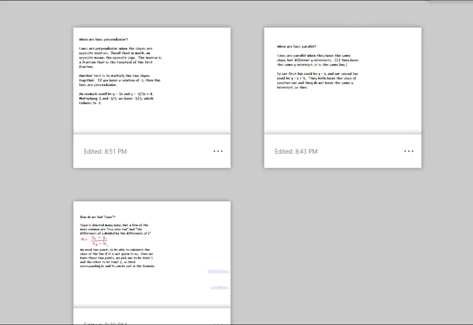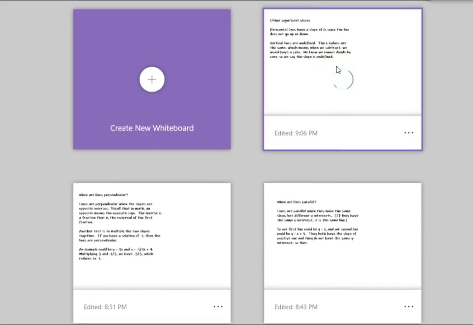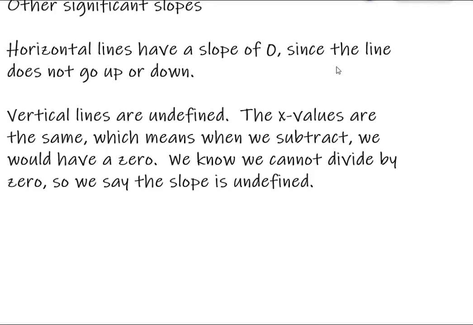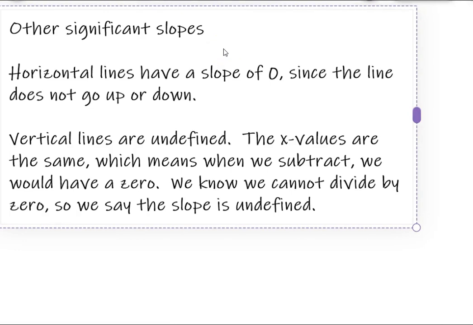Then I have one other thing to do with slope that I want to be sure to cover: our other significant slopes. Horizontal lines have a slope of 0 since the line does not go up or down. We're just going straight across, and there's no rise, so the slope is 0.